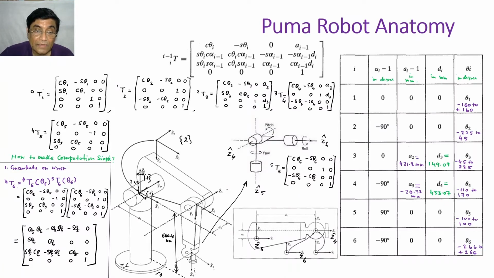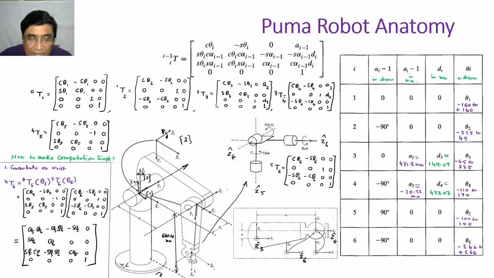Then the shoulder is moving like this, up and down, about the Z2 axis. So this will be the Z2 axis direction. We have shown it separately here. Z2 axis will describe the shoulder's motion up and down.